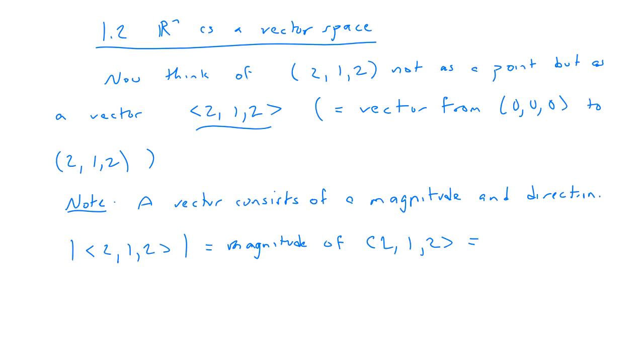Oh, it is an easy one. What are we doing? It's just, again, Pythagorean theorem. So magnitude or length is just the square root of the sum of the squares.